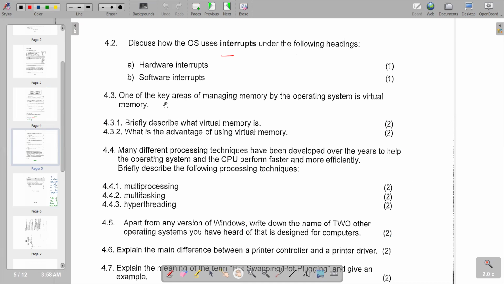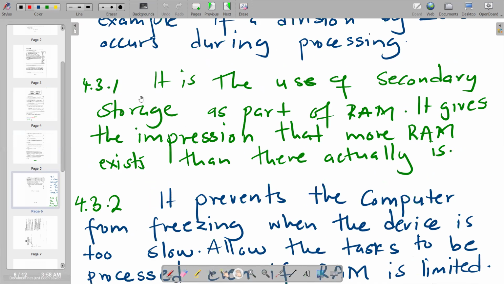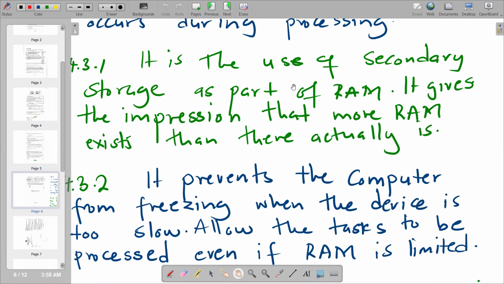But our question requires us, in 4.3.1, to briefly describe what virtual memory is. And then, what is the advantage of using virtual memory? Obviously, we start with the description of virtual memory. If you go to the answer section, you'd see the description on 4.3.1 reads: it is the use of secondary storage as part of RAM.